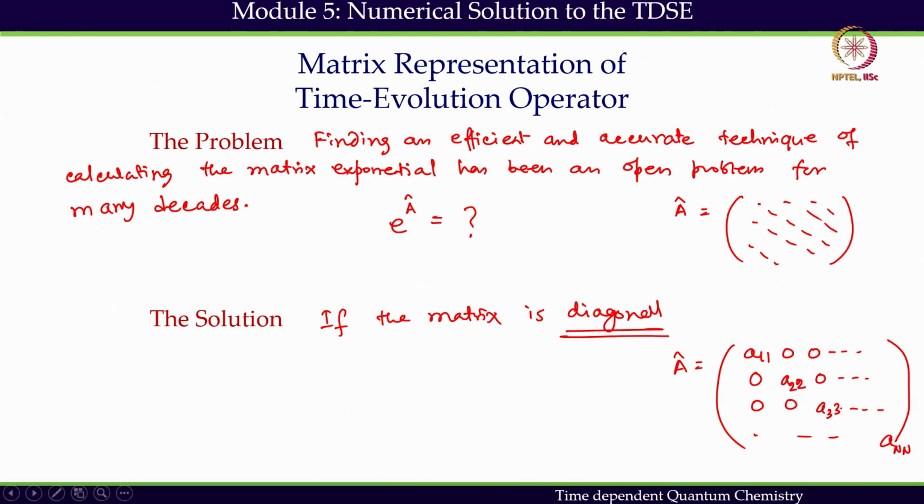So, if I have only diagonal elements present in a square matrix, then it is called a diagonal matrix.